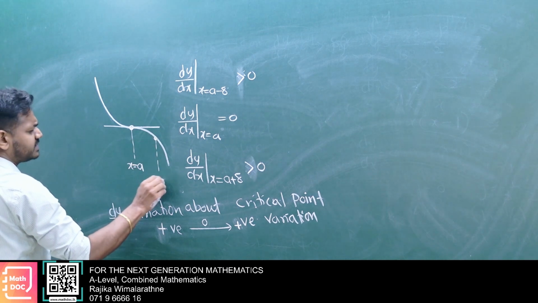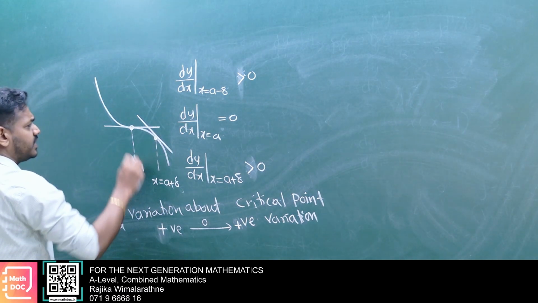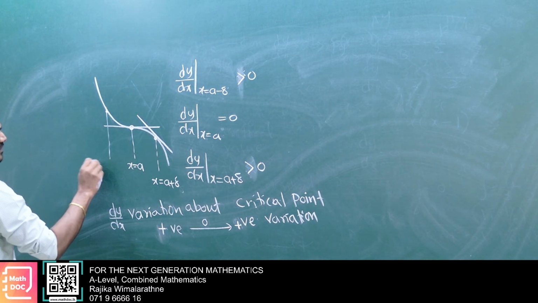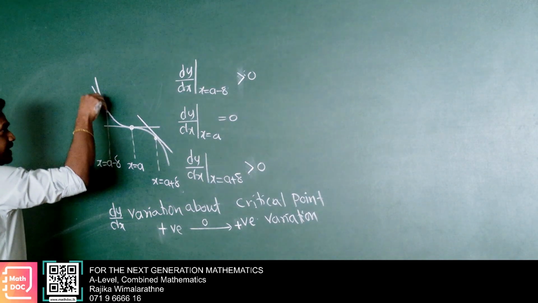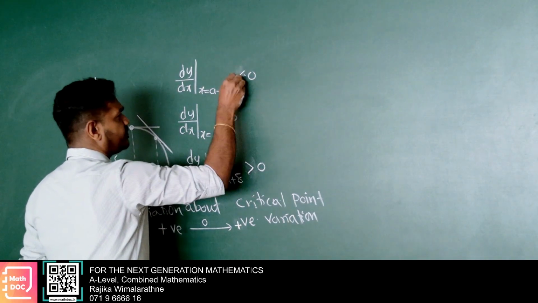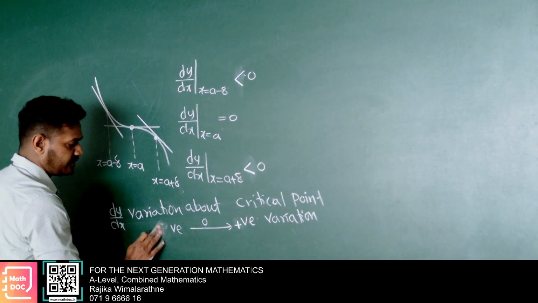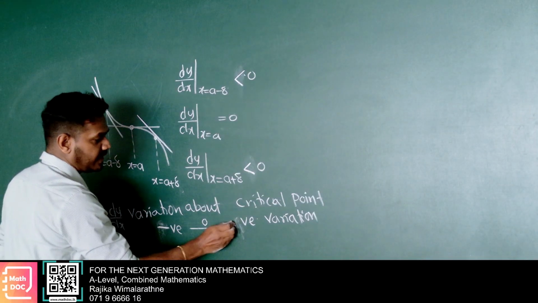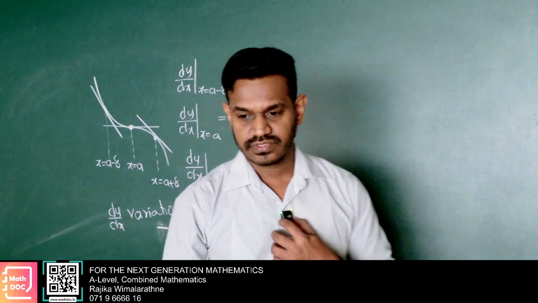At x equals a plus delta, negative gradient, x equals a minus delta, negative gradient. Here both negative. Then negative to negative variation through 0.